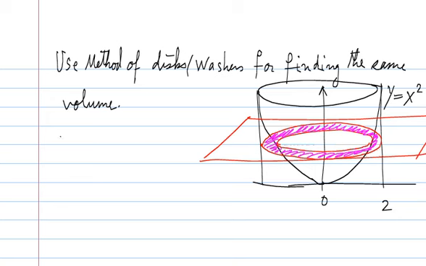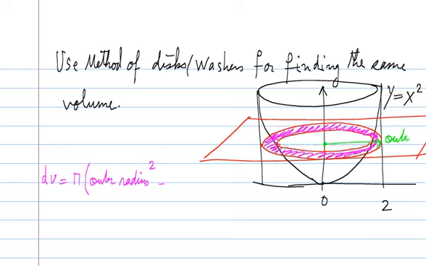The formula for the element of the volume was pi times the outer radius, which refers to going from the axis all the way to the outer edge.